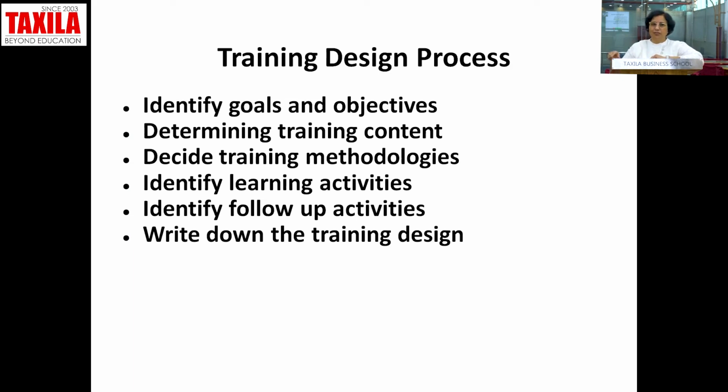Rather than going to the field, she duplicated the situation on that floor, right? And you need to identify learning activities. Learning activities, how are the trainees going to learn? For this, of course, you are supposed to work on the language, you are supposed to work on the methods that you use, and you identify follow-up activities, how to take the feedback and write down the training design.